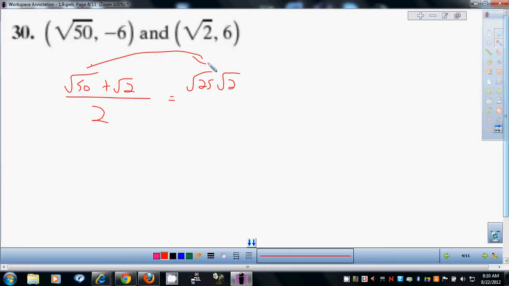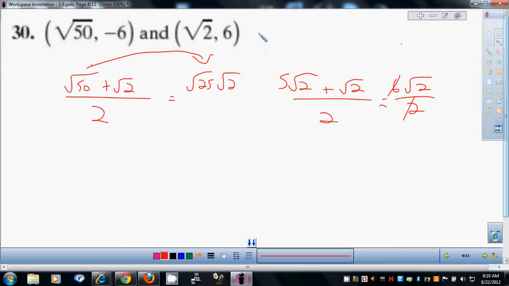This is just this piece, which is the same as 5 radical 2. So if we add that to radical 2, 5 plus 1 is 6 radical 2 over 2. And how does this reduce? 6 and 2 reduce to 3 radical 2.